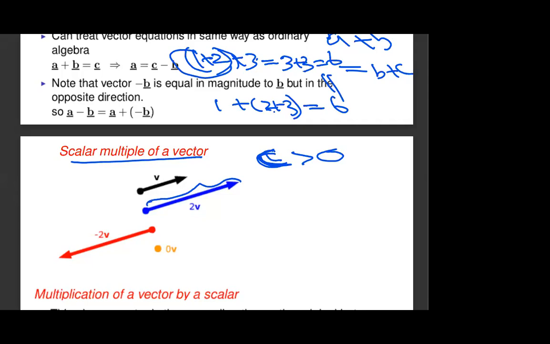If you multiply this vector by 2, the magnitude will double.